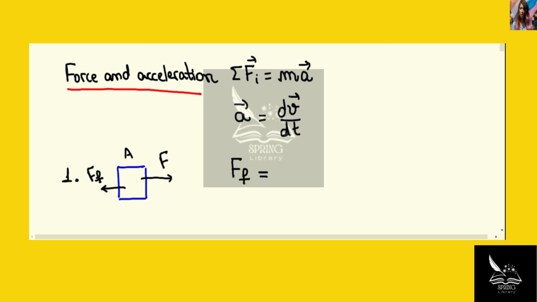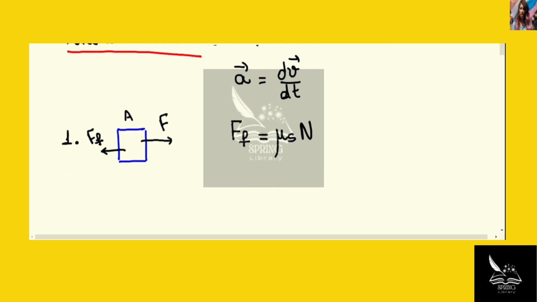The maximum value that the force of friction can have is equal to the coefficient of static friction, mu s, times the normal. And the normal force in this situation is just the mass of the block times g. Remember that there is a force of gravity, mg, acting downwards on the block, and there is also a normal.